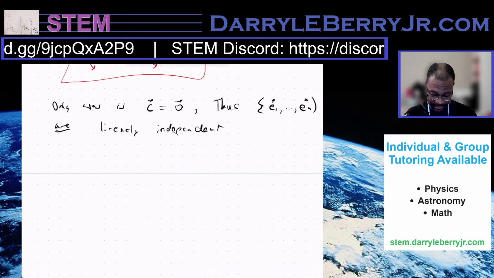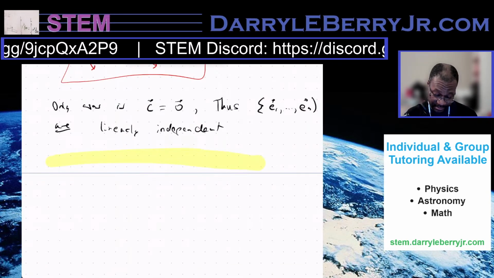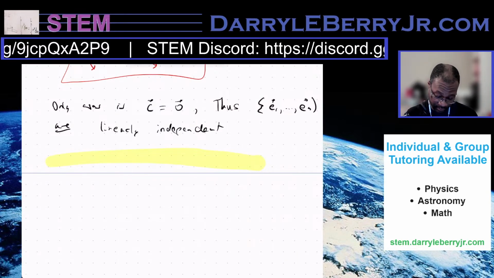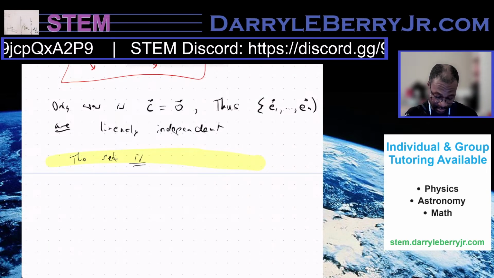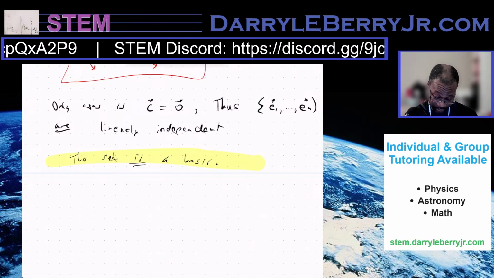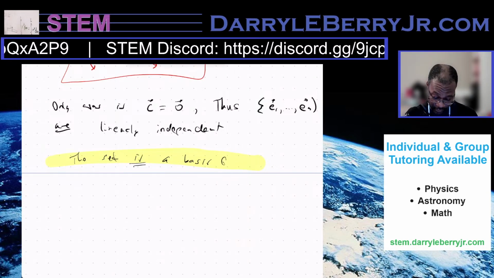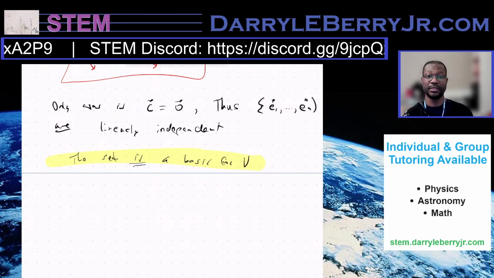All right, so since they are linearly independent and they do span the space, the set is a basis for V. Simple enough, easy enough.